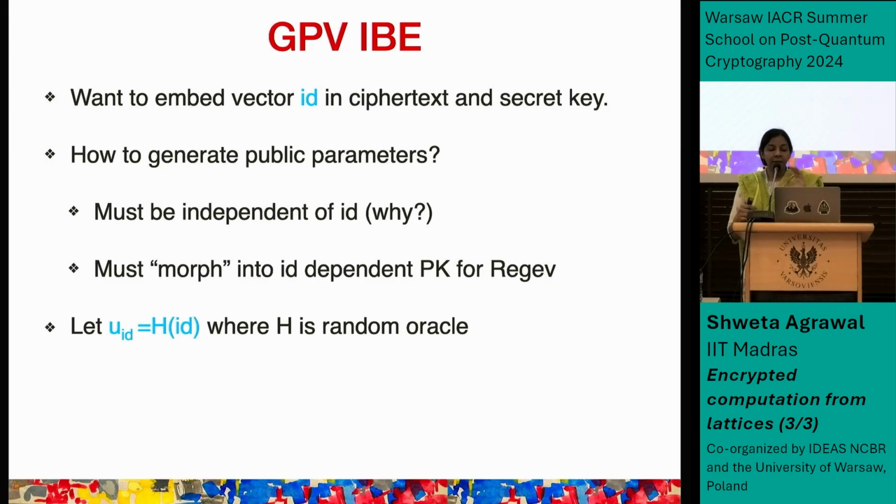So here's the idea from GPV. Now I have my public parameters. In Regev's encryption scheme, my public parameters are A and U. Now I need to run this scheme in some sense many times, once for each identity. So we're going to think of A as the master public key.